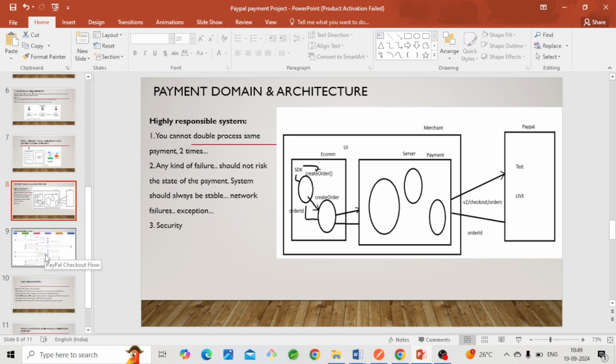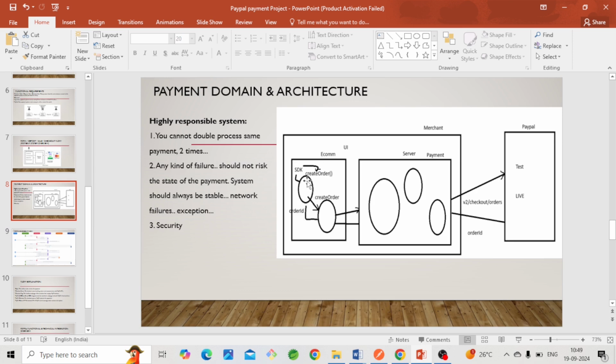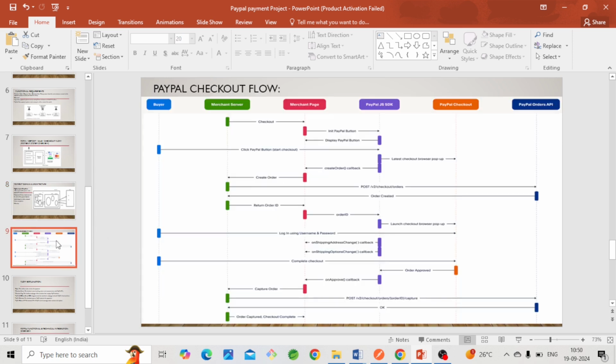This merchant page is the front end web page of the merchant that displays the PayPal button. That is the merchant page, the front end page of the e-commerce. Then next is the PayPal JS SDK. It is a PayPal JavaScript SDK library provided by PayPal.